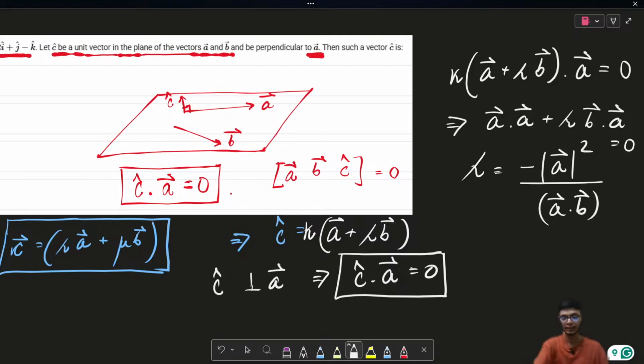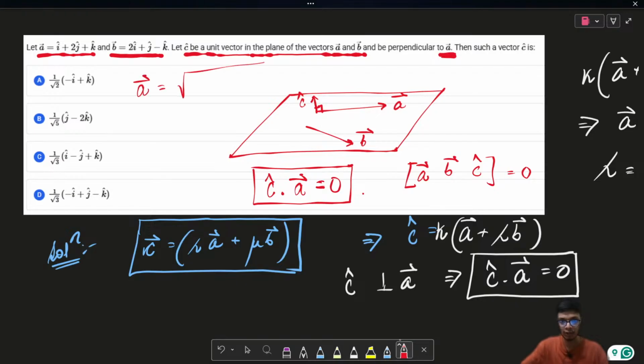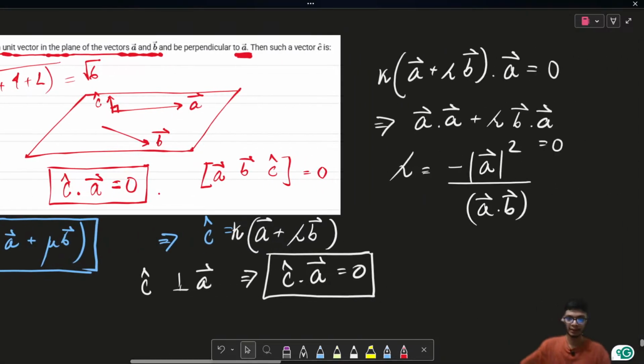So from here I can calculate the magnitude of my a vector to be square root of 1 plus 4 plus 1, and that will be basically square root 6. Alright, so from here I will obtain my value of lambda to be minus 6 divided by a dot b.